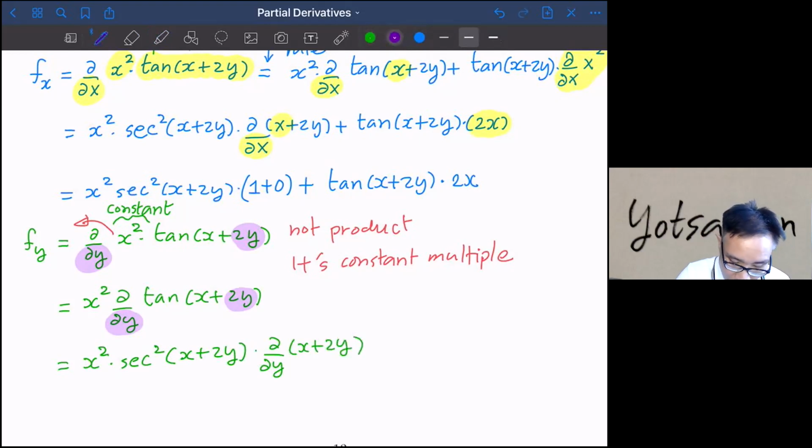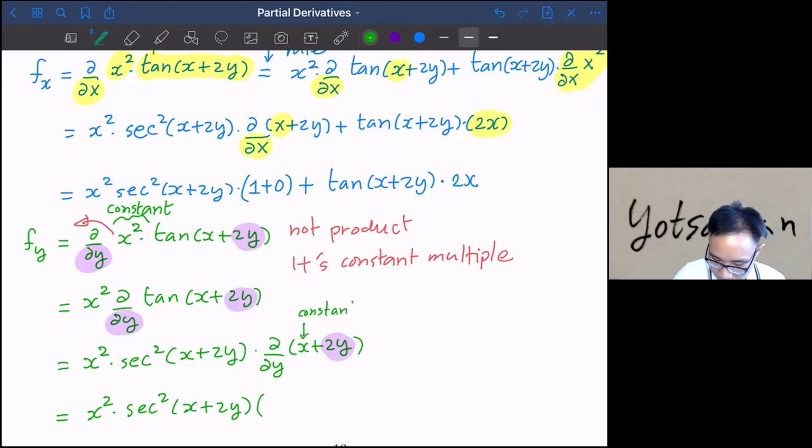You see that this is the derivative of the thing inside, like we had last semester using the chain rule. And finally, we would just have x squared secant squared (x + 2y), and you have the derivative of x with respect to y. Again, this is constant, so it would give you 0, and it's going to be 2.